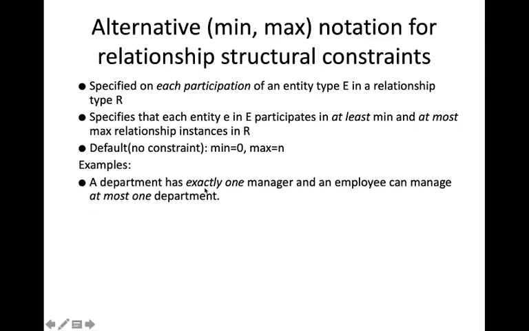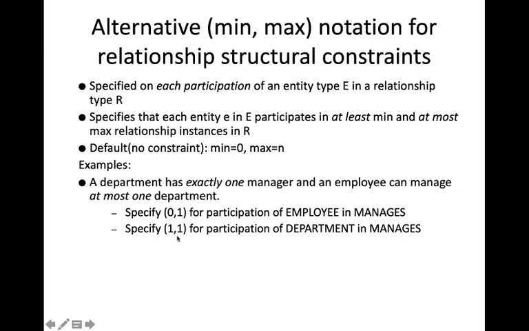A department has exactly one manager, and an employee can manage at most one department. We know this constraint from the manages relationship: only one manager will be there for a department, and an employee can manage at most one department. So how to specify it in min-max notation? We specify 0,1 for participation of employee in manages, and 1,1 for participation of department in manages.